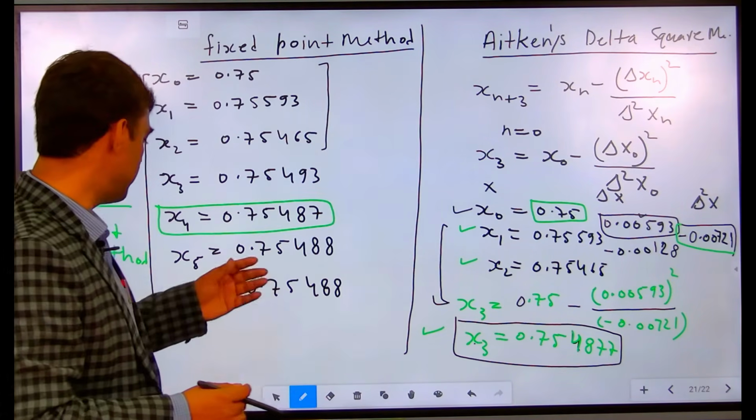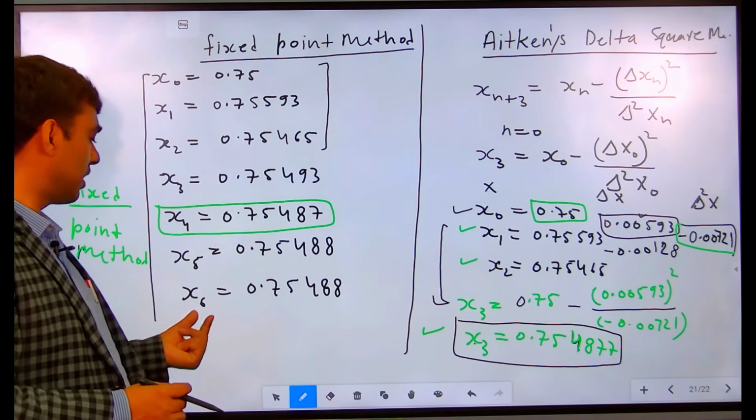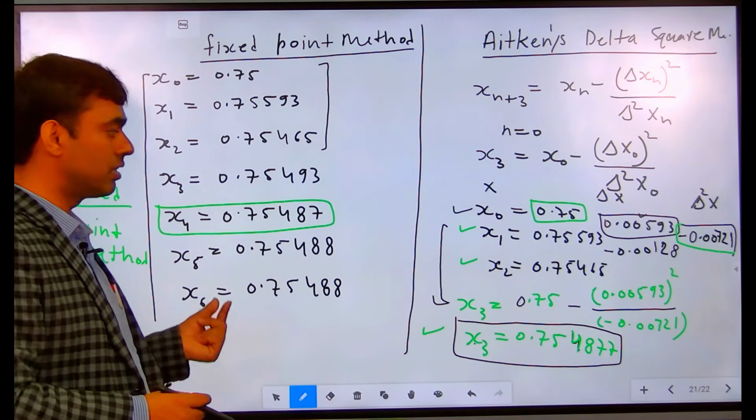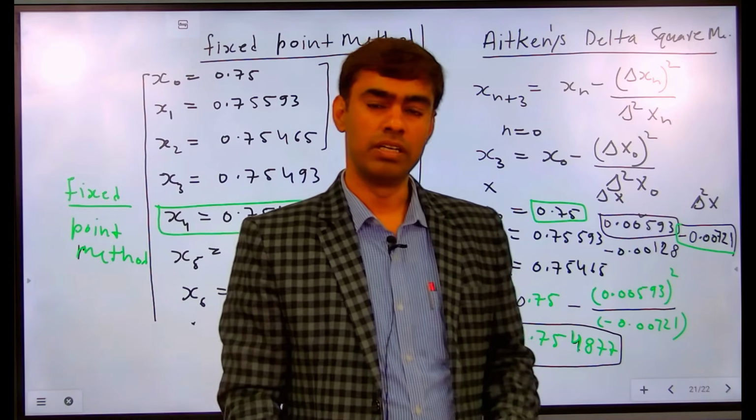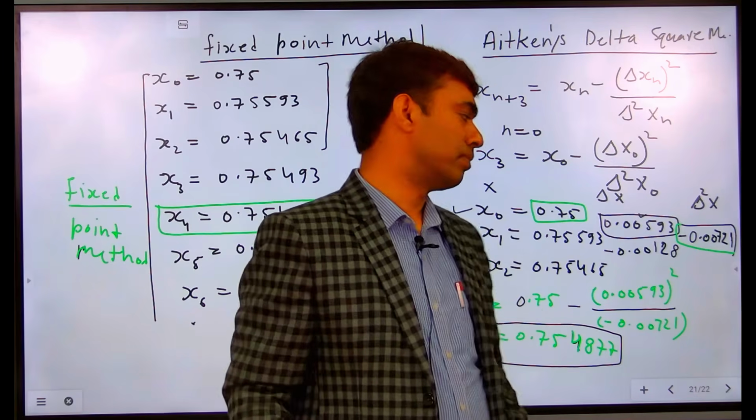Maybe the accuracy that we obtain after the seventh iteration, the same accuracy we obtain in the fourth iteration using Aitken's delta square method.